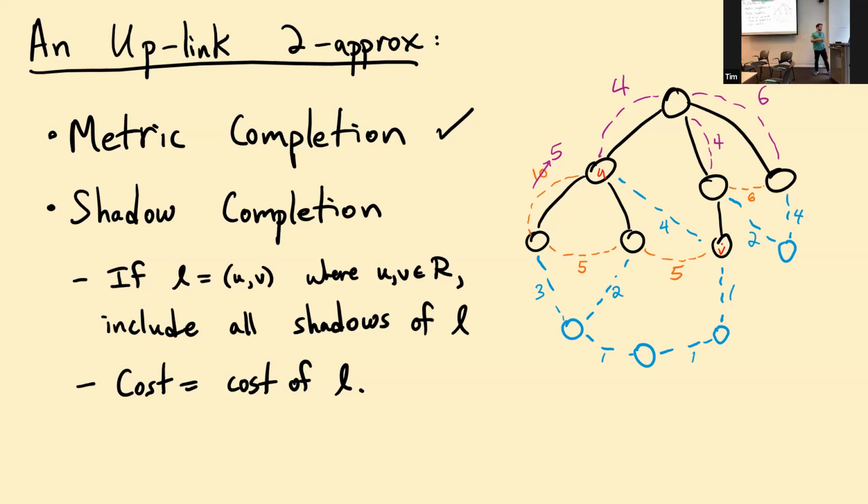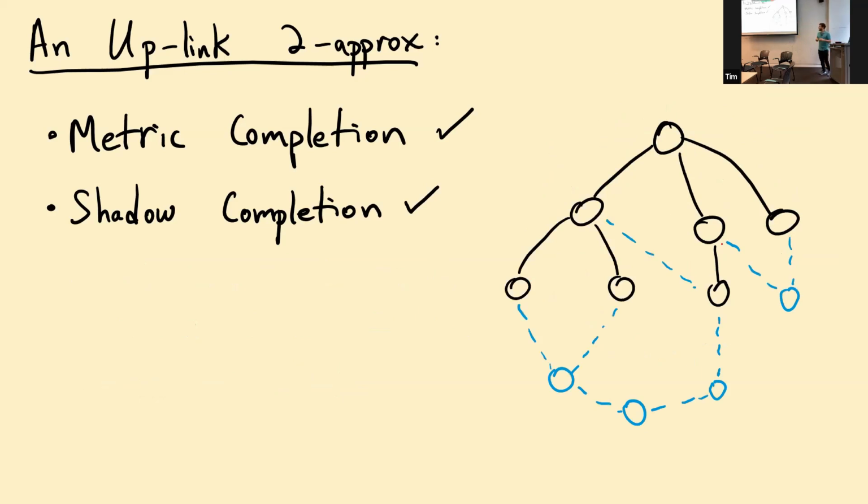So a shadow is essentially a link which covers just a subset of the edges covered by the original link. We can assume those exist, because if you ever take one, you'll just take the original and that will cover at least as many edges. So we assume that shadow completion has been done as well.